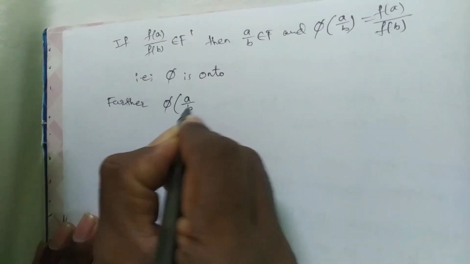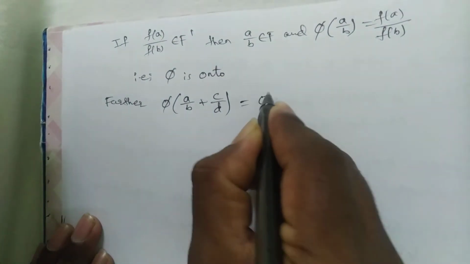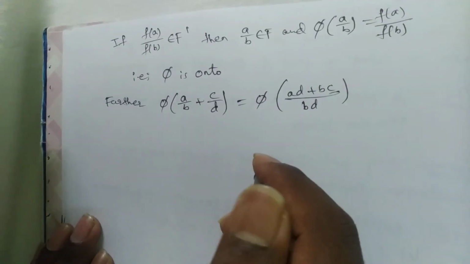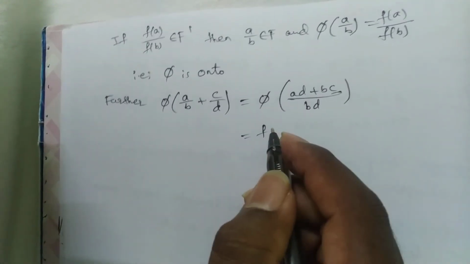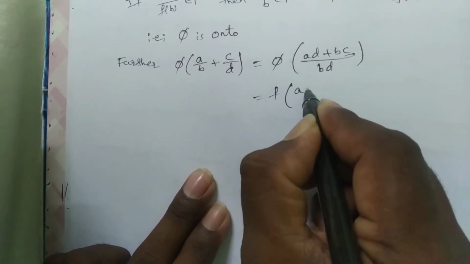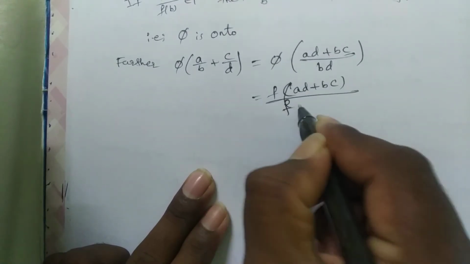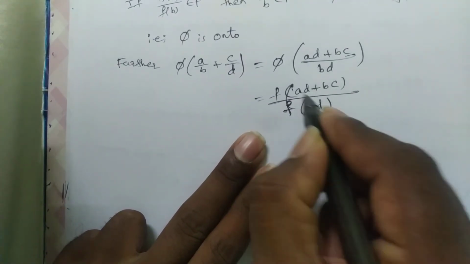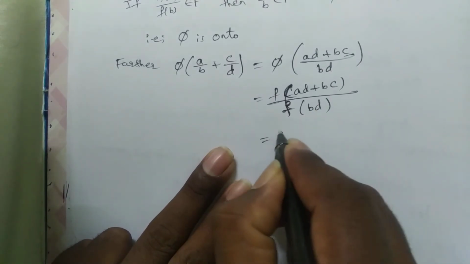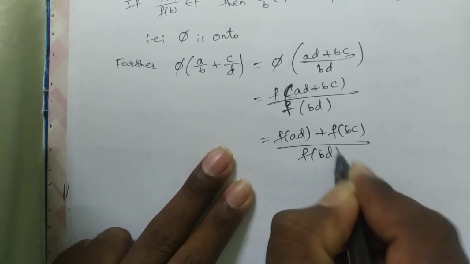Further, pi of a by b plus c by d equals pi of (ad plus bc) by bd, taking the LCM. That equals f of (ad plus bc) by f of bd, which equals f of ad plus f of bc by f of bd.